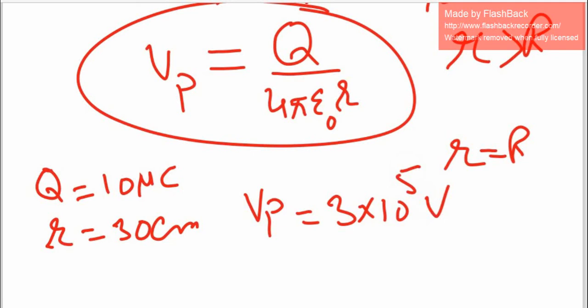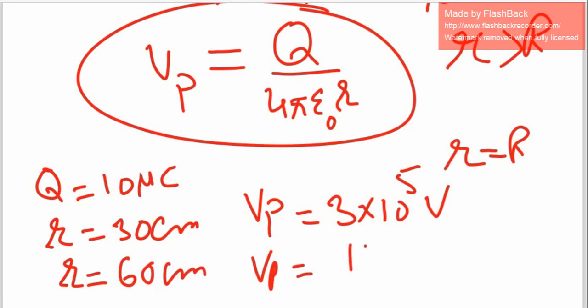What happens if you double the R? R is equal to 60 centimeter. Vp would be 150 kilovolt, almost half of the previous value.